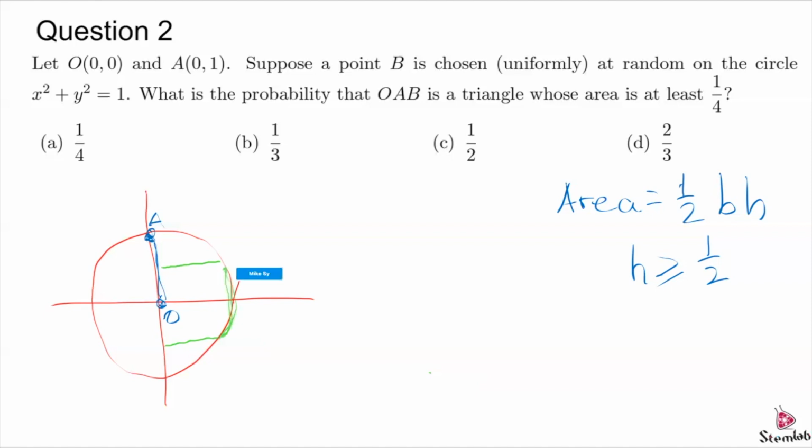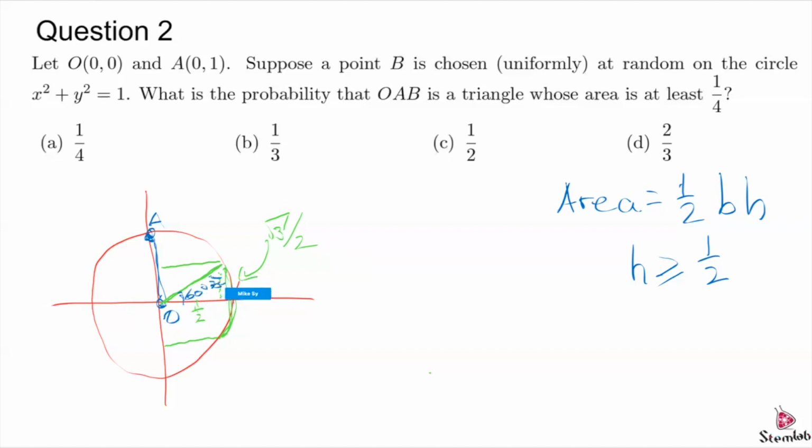Okay. But if the height is 1/2, we can draw a right triangle with radius 1, 1/2, and this height, which I didn't draw to scale, should be √3/2. If you remember your 30-60-90 triangle, that basically means that this angle here must be 60 degrees, and this angle up here is 30.